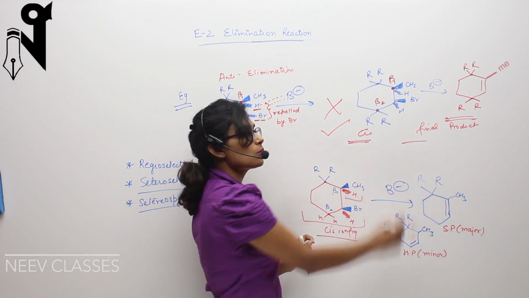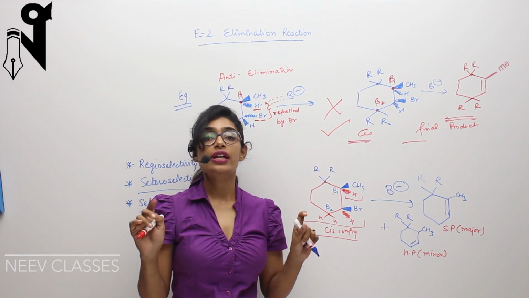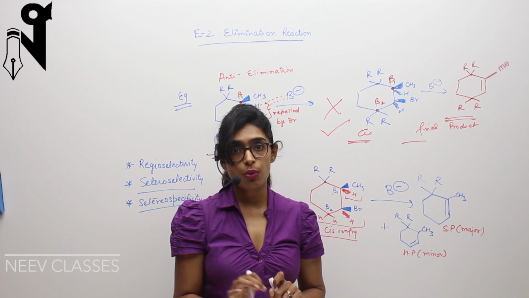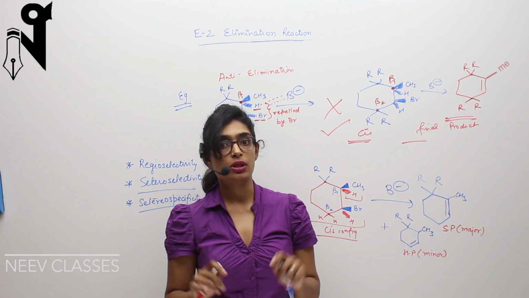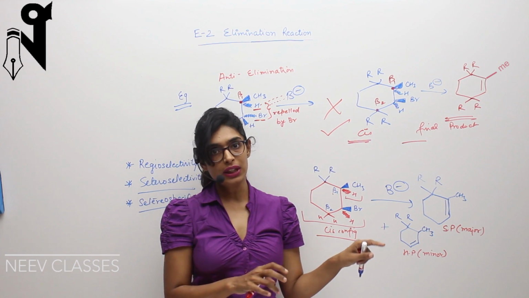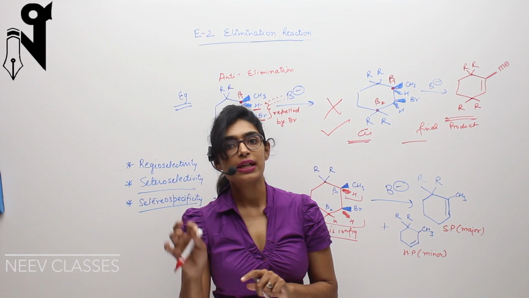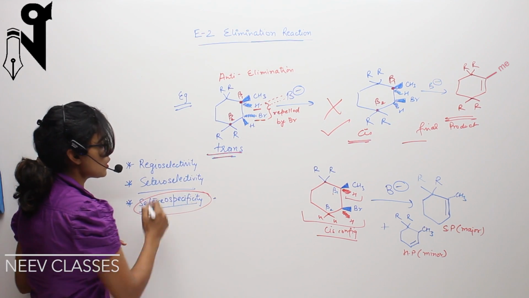When it was cis, the reaction was happening. So if a reaction is specific about a specific type of reagent for the reaction to proceed, then the reaction is called a stereospecific reaction. So this is about the stereospecificity of the reaction.